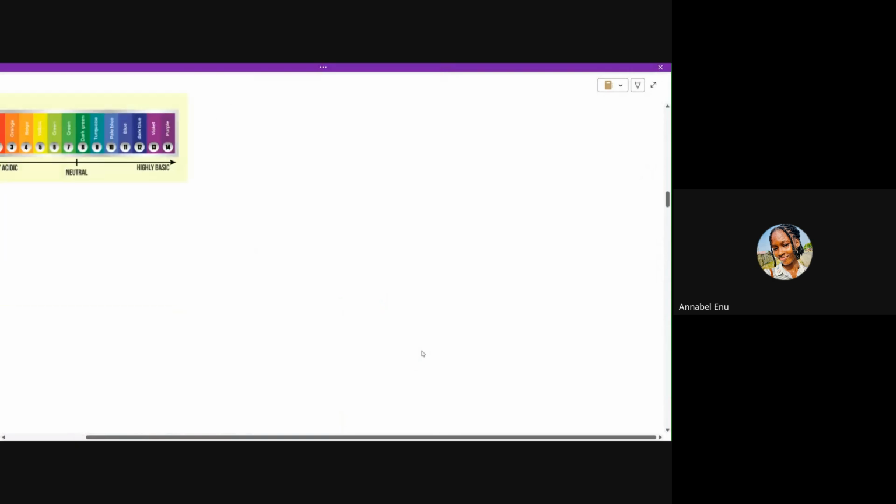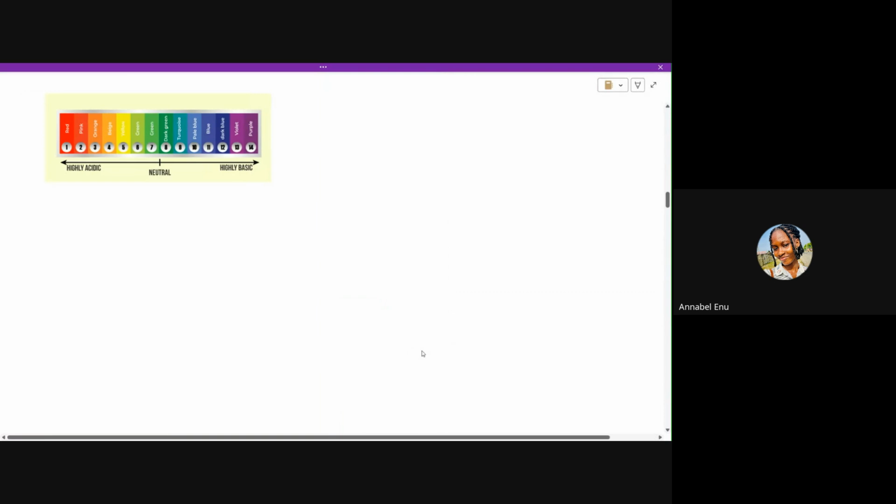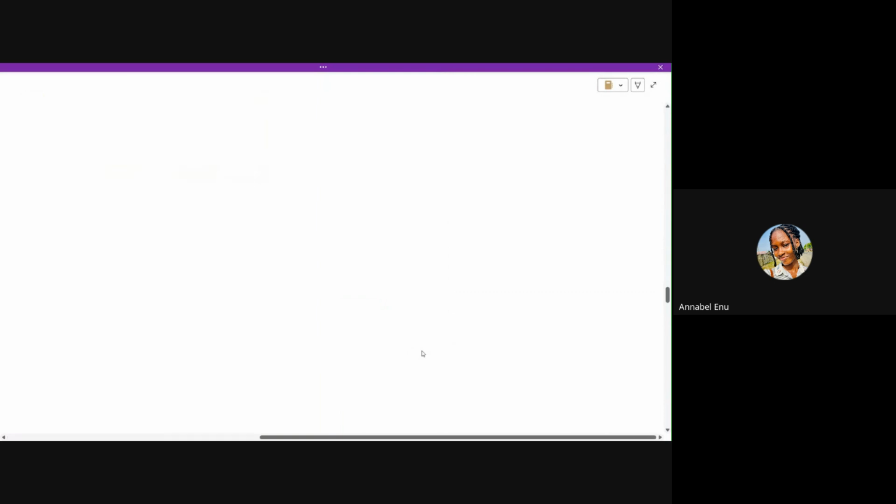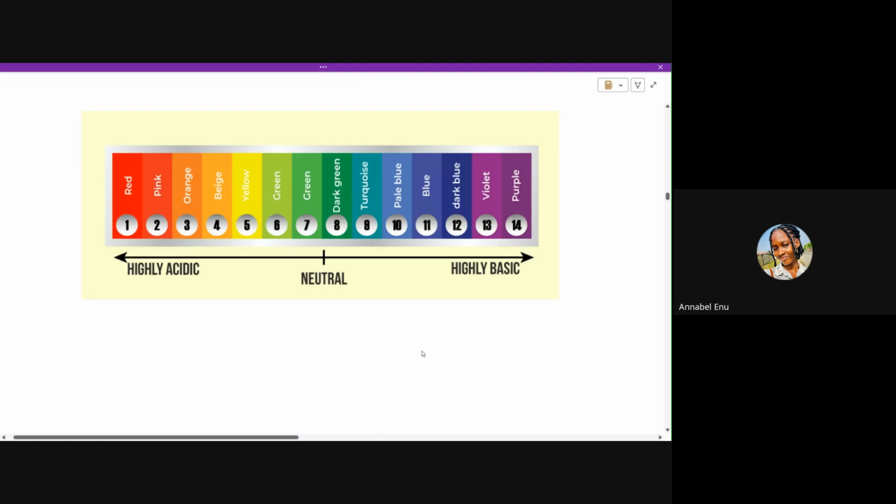Now, I forgot to say this. This is a universal indicator. So universal indicator has a color range. You know this 1, 2, 3, 4, 5, 6, 7.